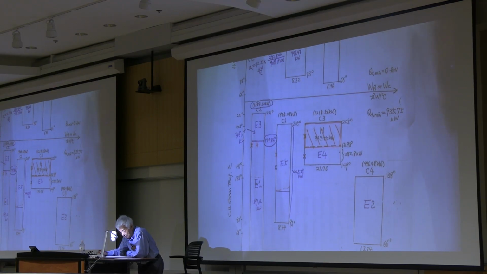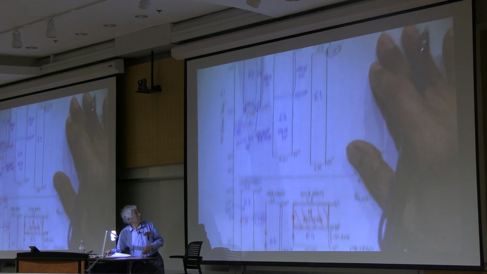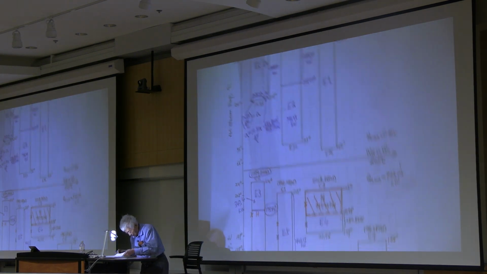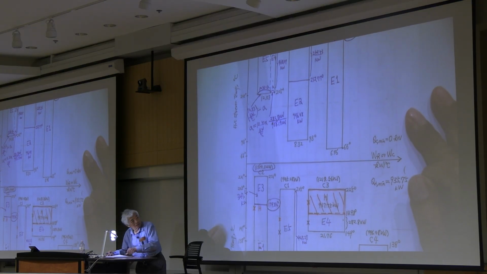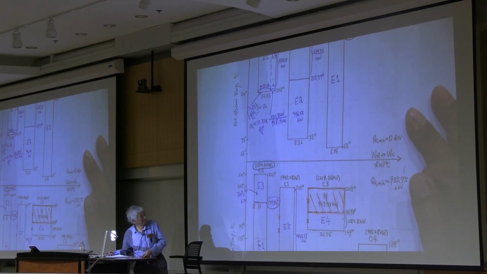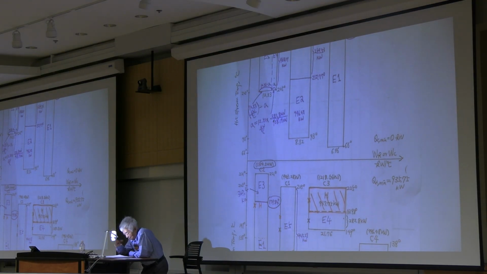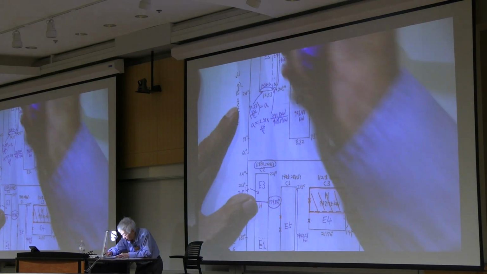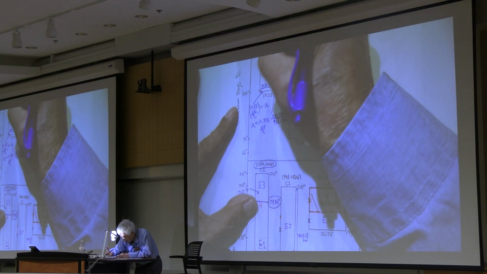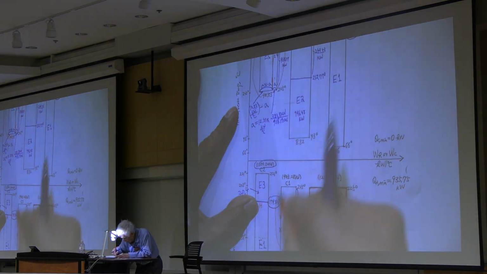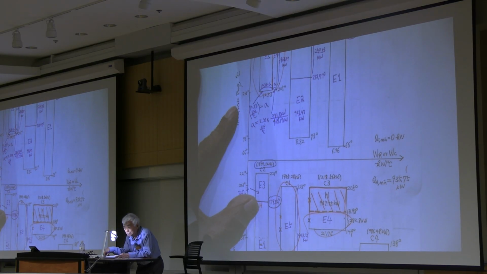Whenever you have one hot stream, you want to exchange heat with two cold streams, E4, E5. That's where the split comes in. One stream exchanging heat with two streams.